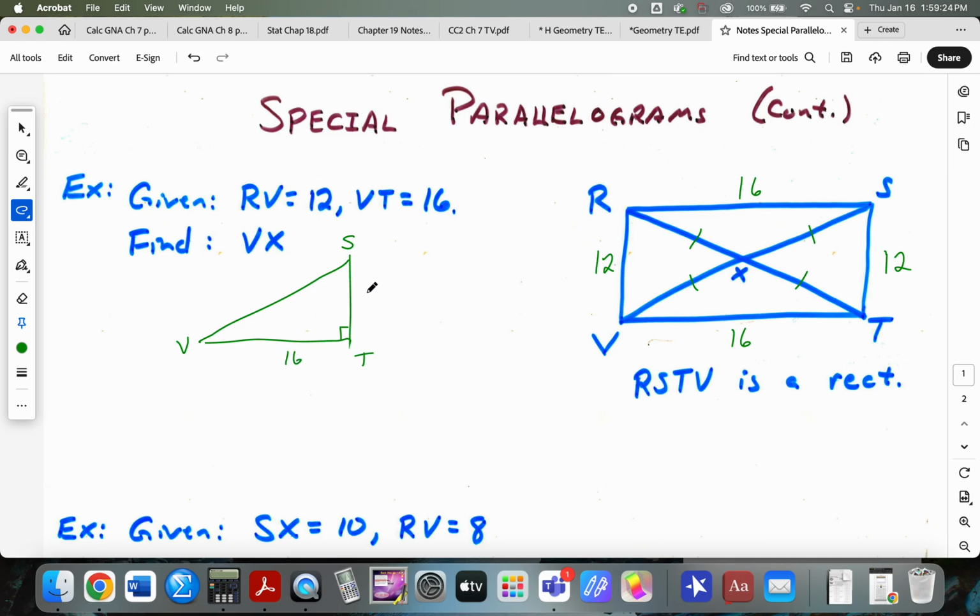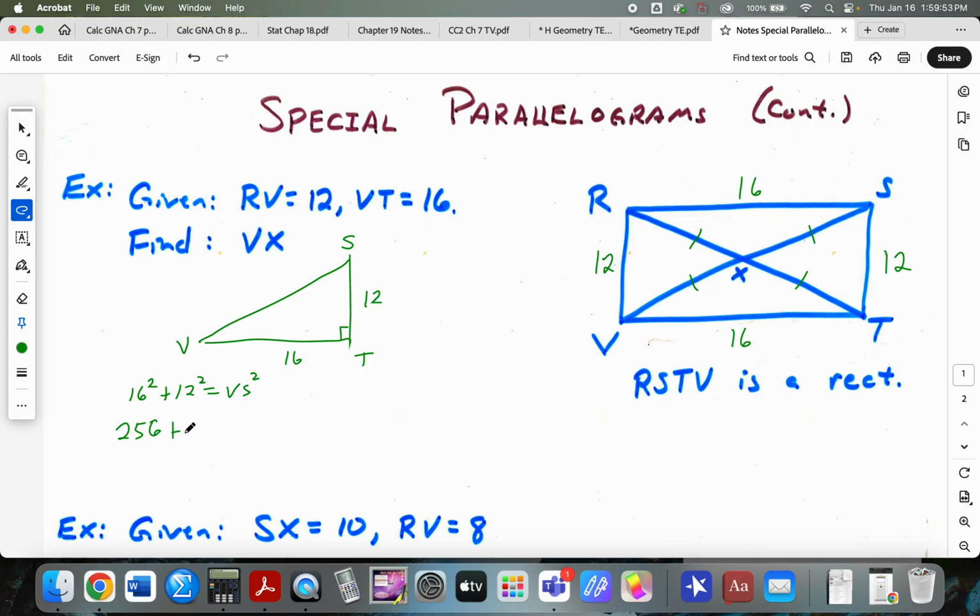So this is 16 and this is 12. And what can we use to find the hypotenuse here? Yeah, Pythagorean theorem. 16 squared plus 12 squared gives me the length of VS squared. 16 squared, 256. Isaac always knows those.